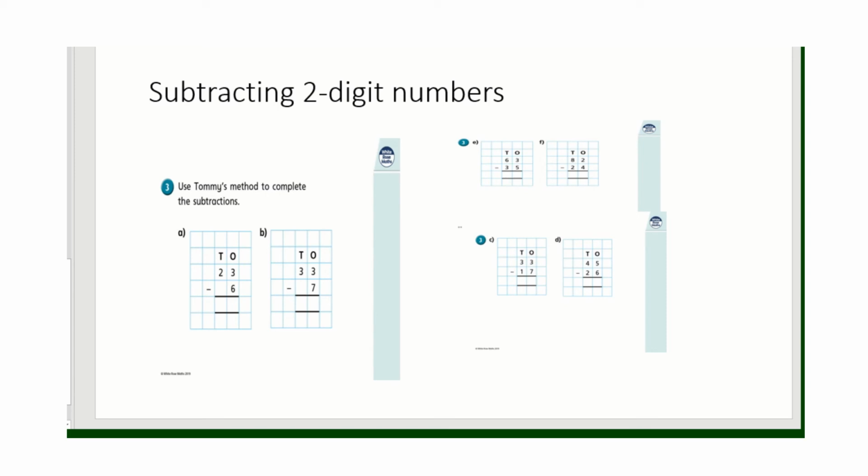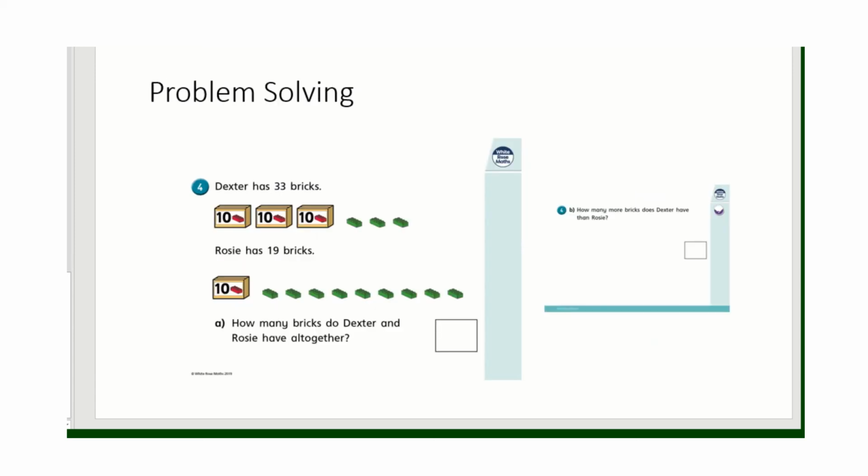So we can't do 3 take away 5 again. We know that. So we've got to borrow from the 6 tens, look. So that would make it 5 tens. We'd have a 10. 13 take away 5 we know is 8. Then we'd have 5 tens take away 3 tens would be 2 tens. So we'd end up with 28. I think you could have a go at those ones. That's called the column method.